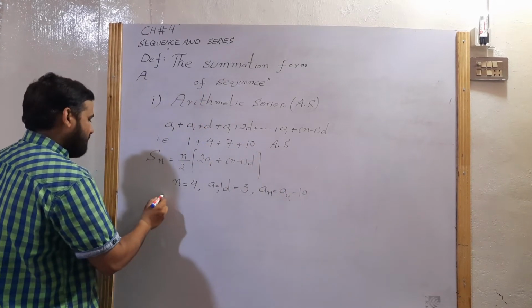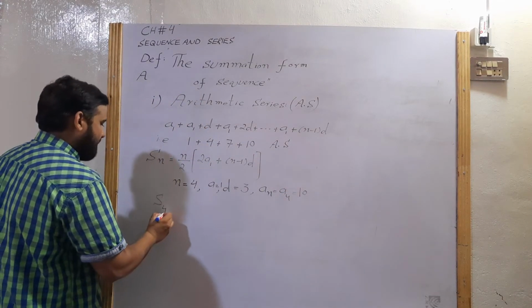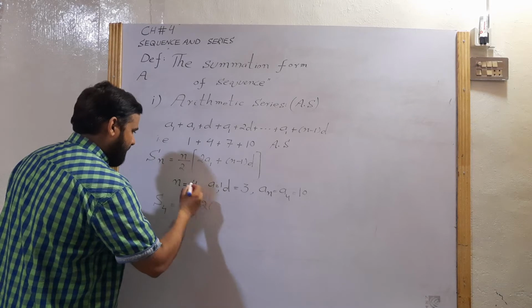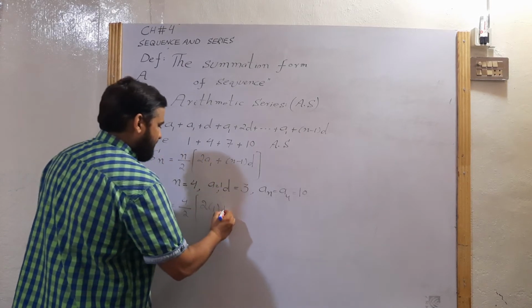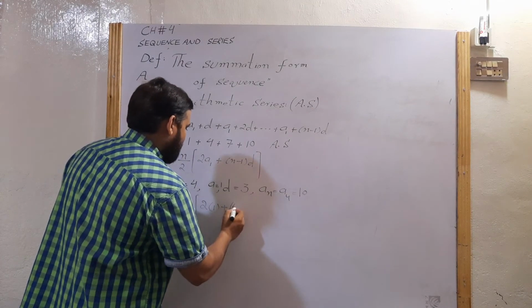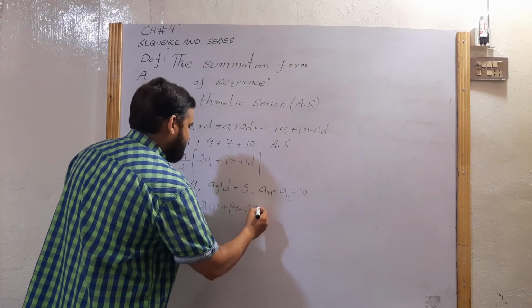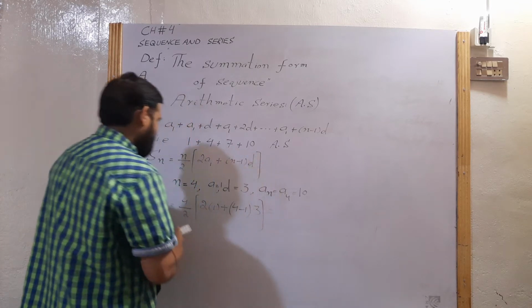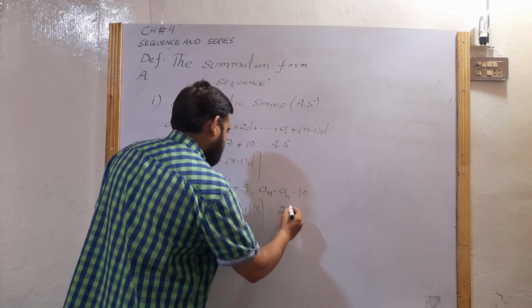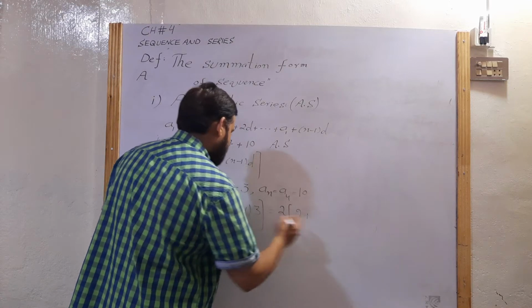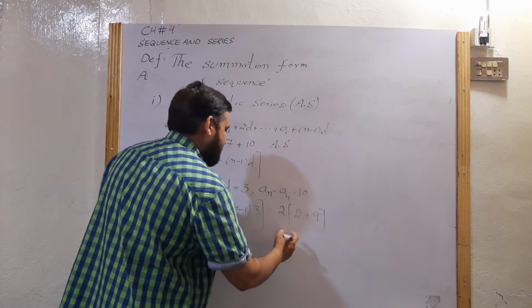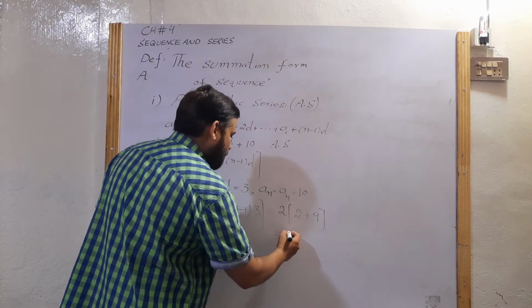Simply replace the values in this formula: n is replaced by 4, 4 by 2, times 2 a1, which is 2 times 1, plus (4 minus 1) times d, which is 3. After simplification, 4 by 2 is 2, so 2 into (2 plus 3 into 3), 3 into 3 is 9, 9 plus 2 is 11, 11 into 2 is 22.